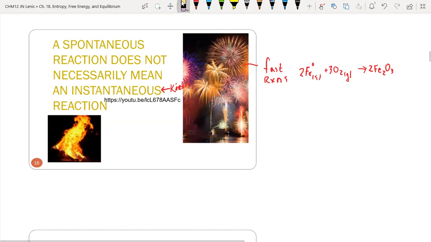So we balance it there. This is a solid, plus energy. And that reaction is very fast.